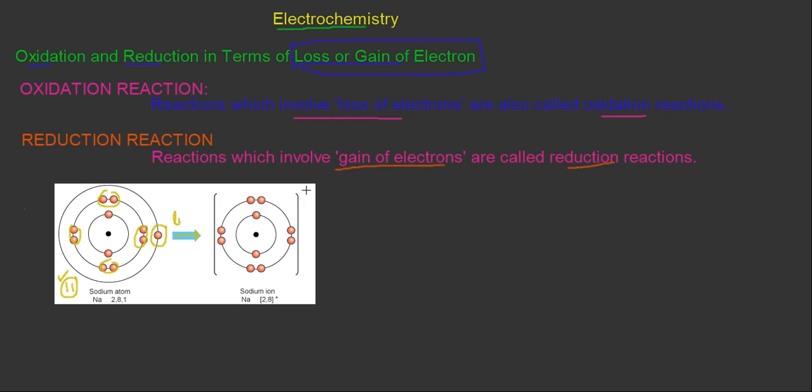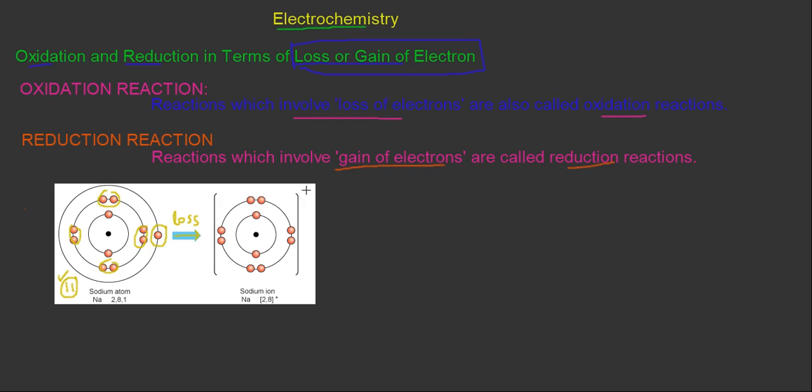So it means loss of electron has occurred. When an atom loses an electron, this is known as oxidation. So a reaction which involves loss of electrons is known as oxidation.